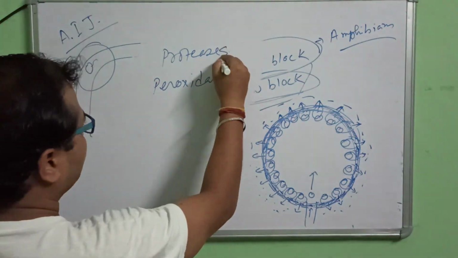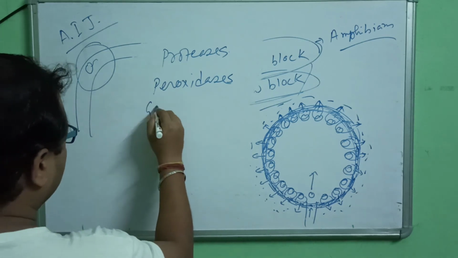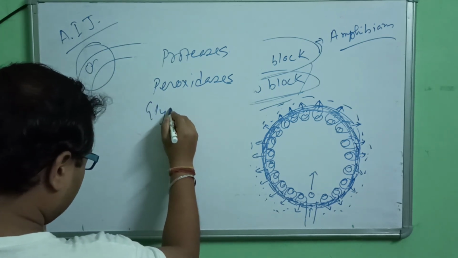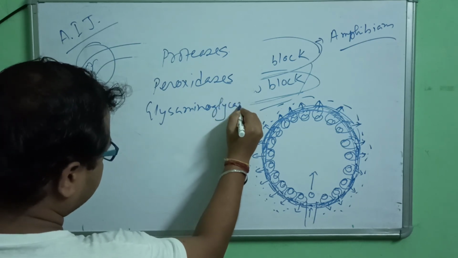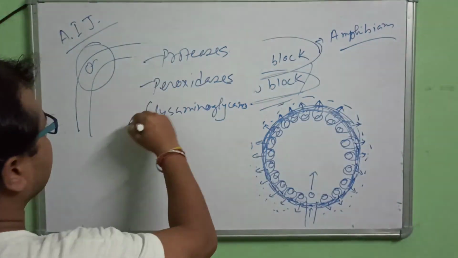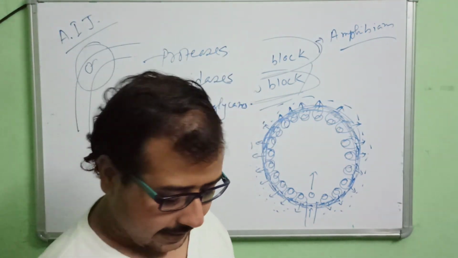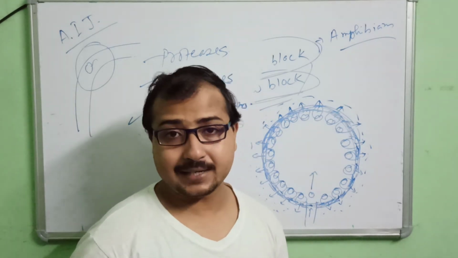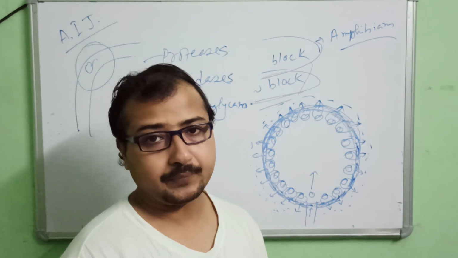Another one is glycosaminoglycans. These are the three important contents of the cortical granules, released in the extracellular matrix, which bring modifications in the plasma membrane that prevent polyspermy.